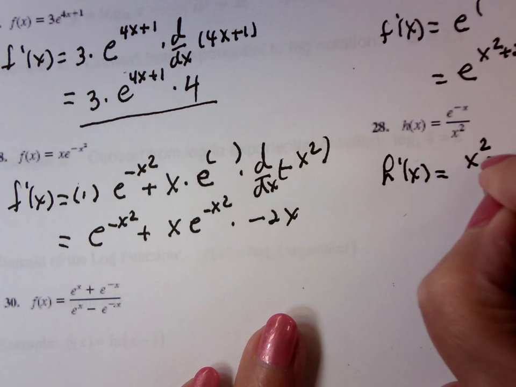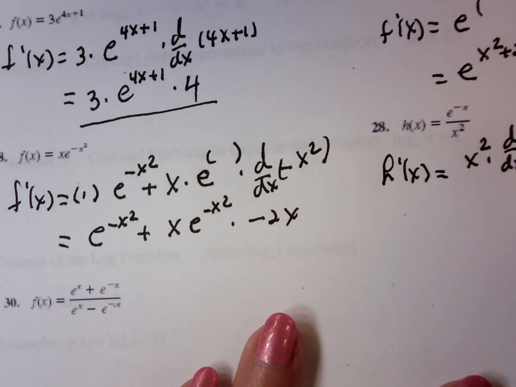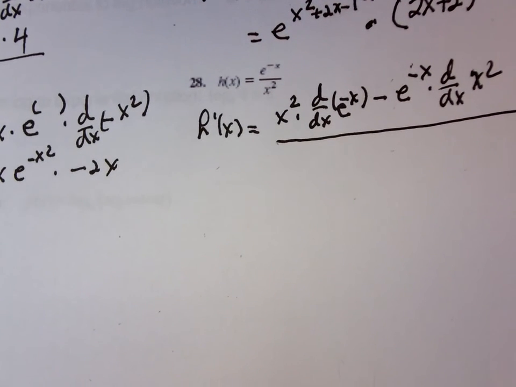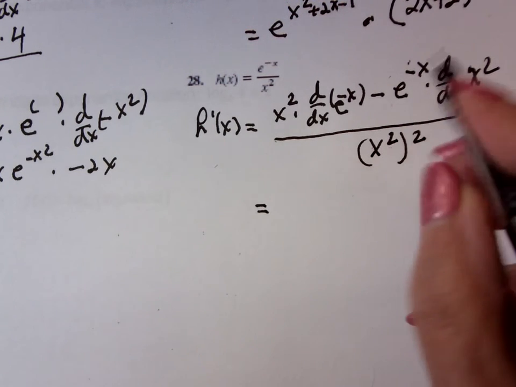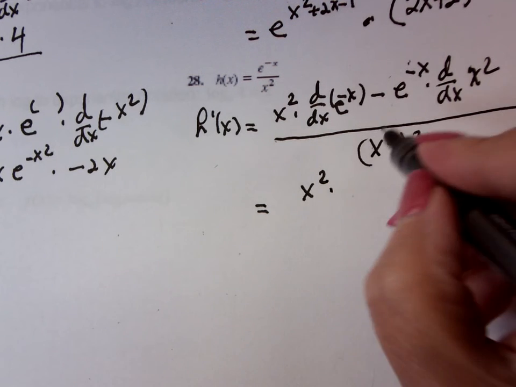Bring the denominator up times the derivative of the numerator, minus the numerator, it's e to the minus x, minus the numerator times the derivative of the denominator, all over the denominator squared. So then this becomes x squared times, what is the derivative of e to the minus x?